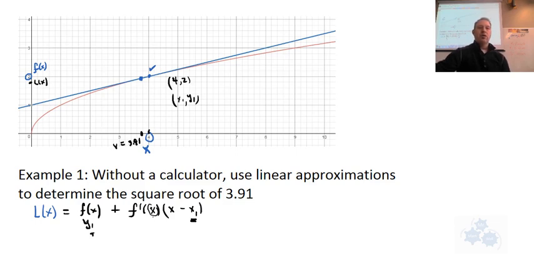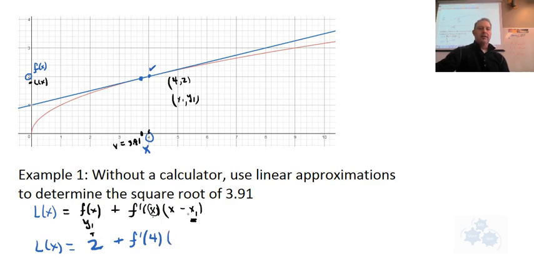So that's what we're going to do. The approximation is actually going to be, what's the y value of the given point here? That's 2. What's the slope evaluated at? That is going to be the slope evaluated at 4, correct? That's right.